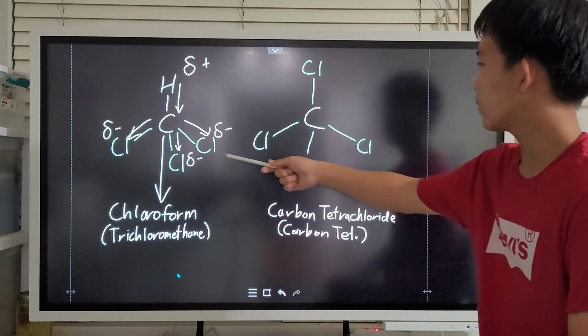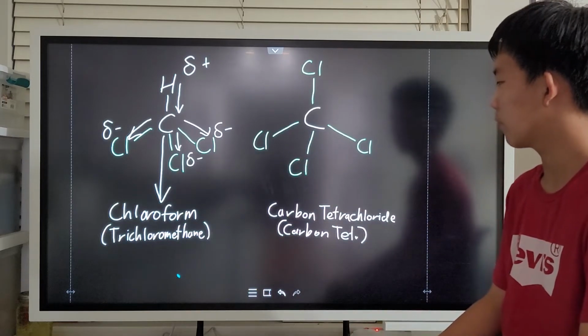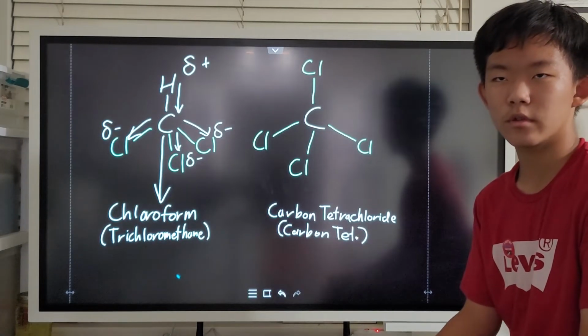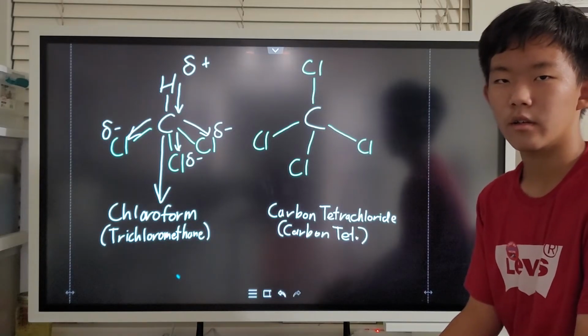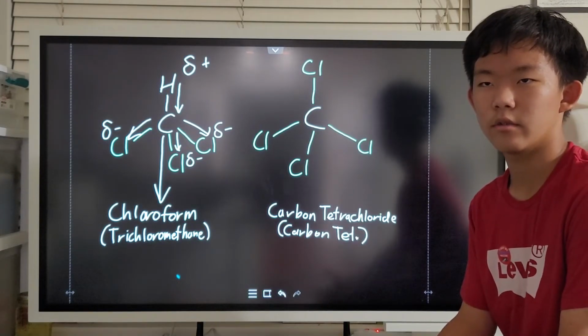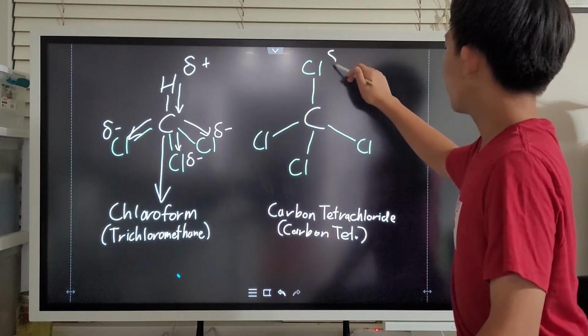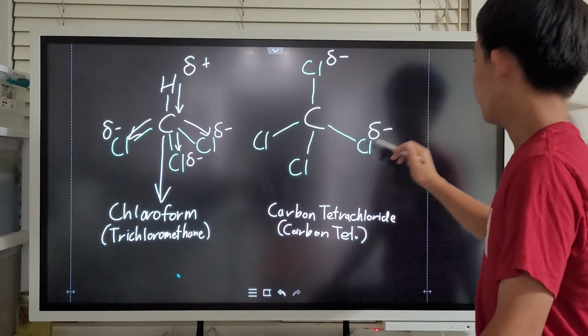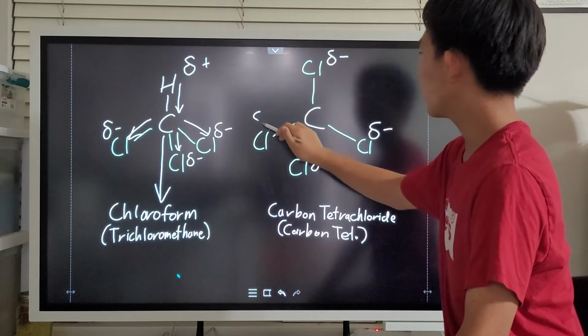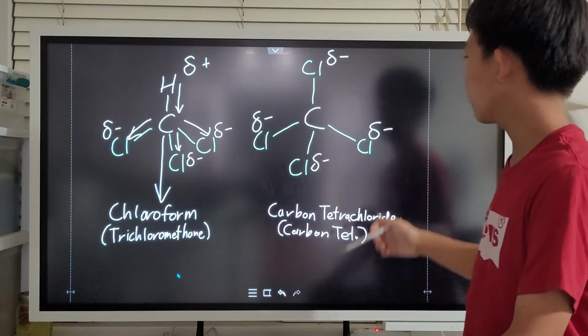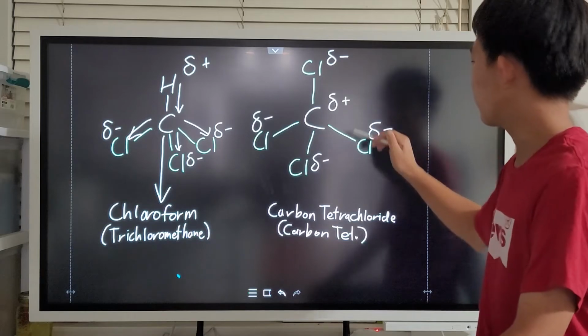This one looks very similar to our last example, chloroform, except because we have 4 chlorines instead of 3, we call it carbon tetrachloride, or carbon tet for short. Now here, you may have again noticed chlorines are delta minus, and because you don't have any hydrogens on it, carbon will be the delta plus.